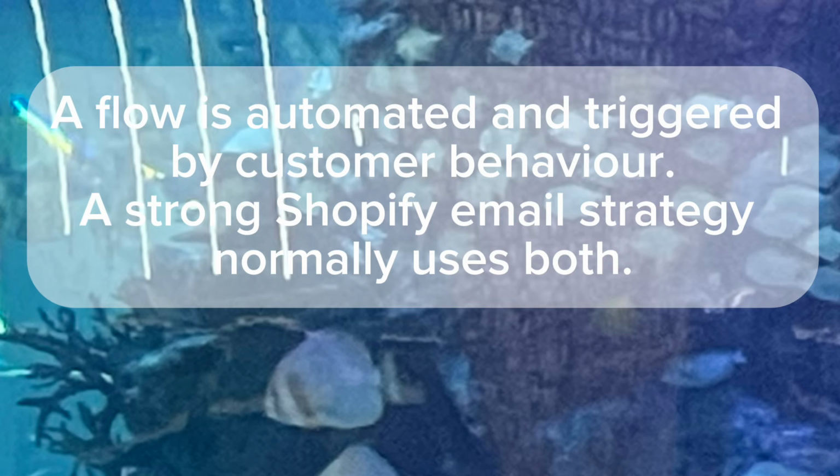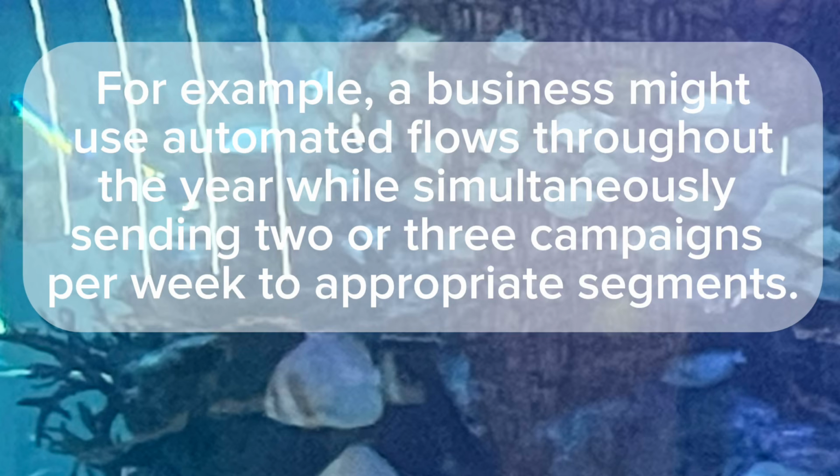A flow is automated and triggered by customer behavior. A strong Shopify email strategy normally uses both. For example, a business might use automated flows throughout the year while simultaneously sending 2 or 3 campaigns per week to appropriate segments.